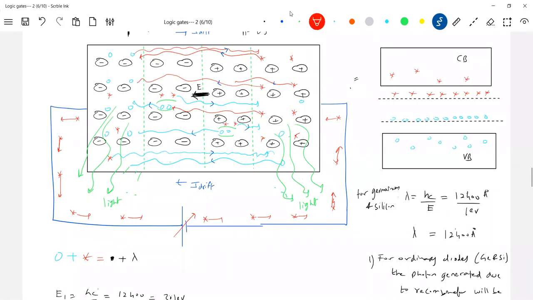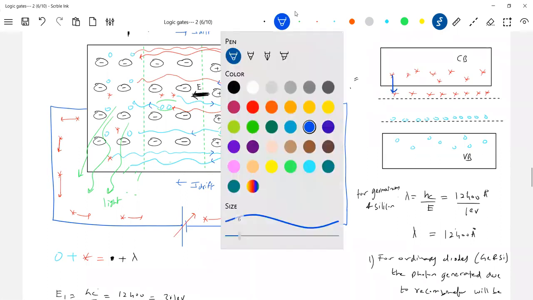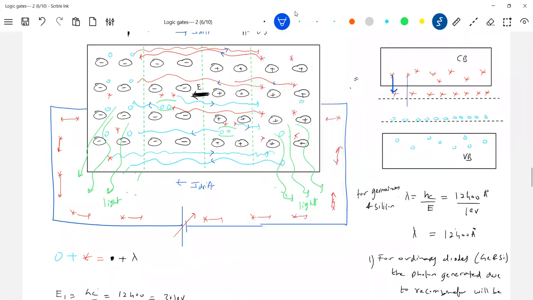You can show that the number of electrons and holes should be equal. That number I may miss out. How many, 8 and 8? Okay, fine. What are the transitions? The transition can take place like this. Let's show only a few arrows. It can undergo transition till here. This can undergo transition here.